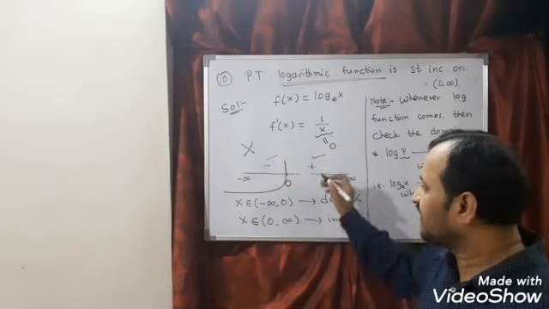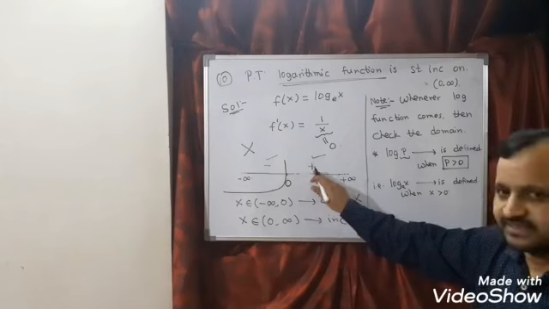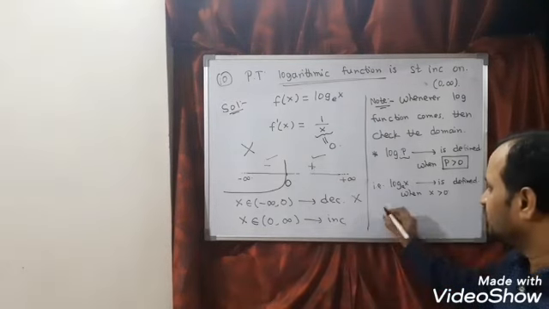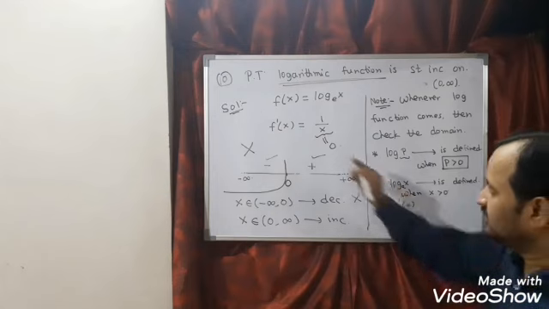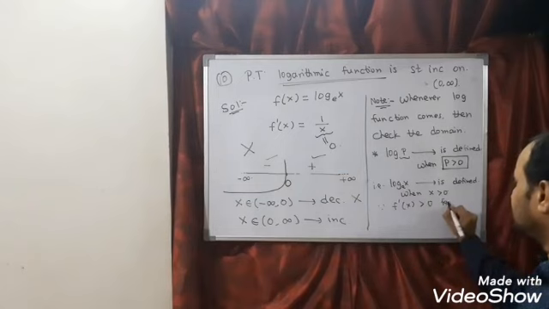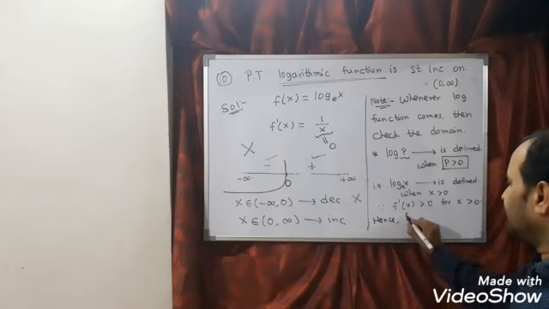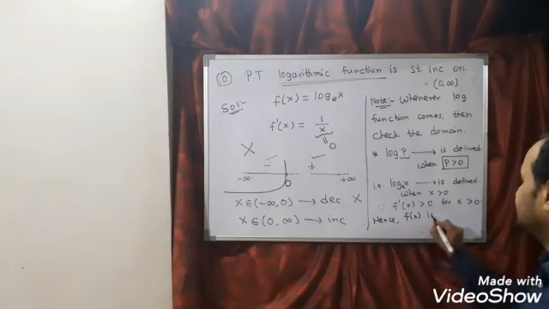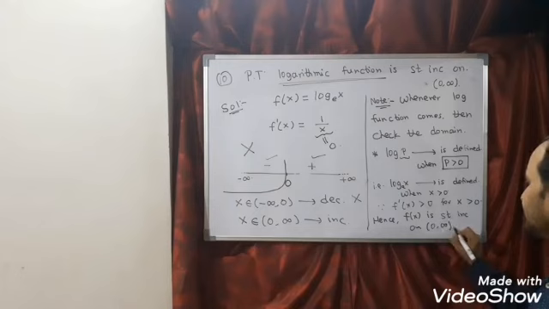So the function is defined in this interval, and in this interval I can say plus. Plus sign is nothing but increasing. So I can say that since f dash x is positive for x greater than 0, hence f of x is strictly increasing on (0, infinity).